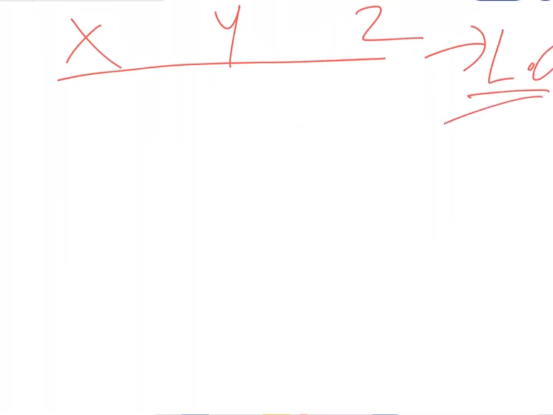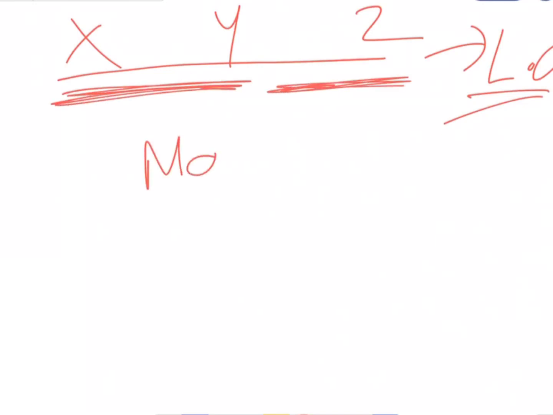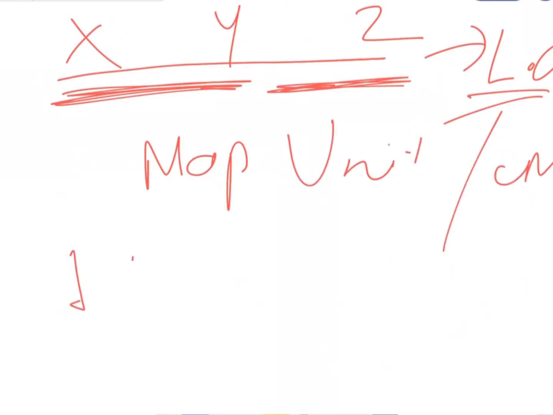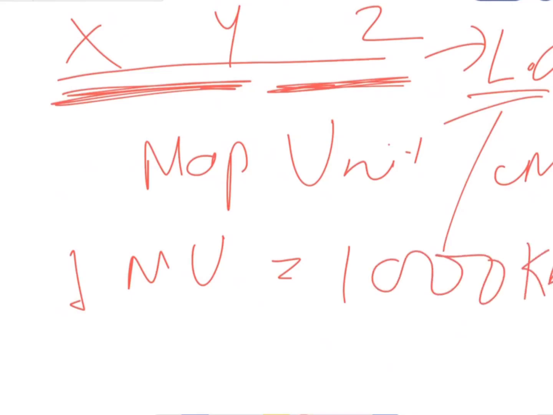All the genes that are linked together in a chromosome are called a linkage group, and the distances between these genes are measured in terms of map units or centimorgans. One map unit is equal to 1000 base pairs.